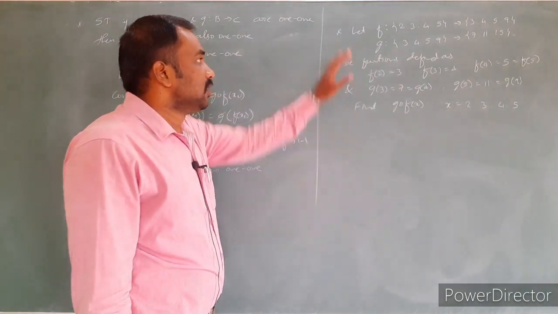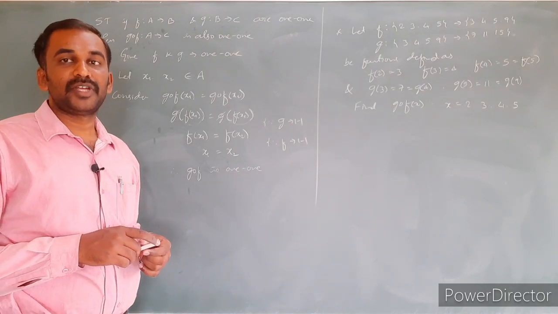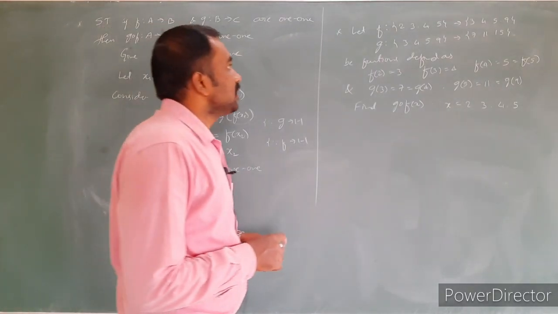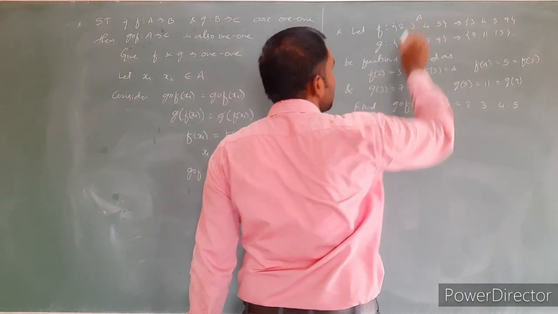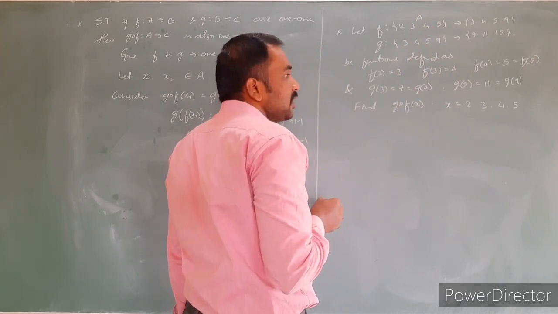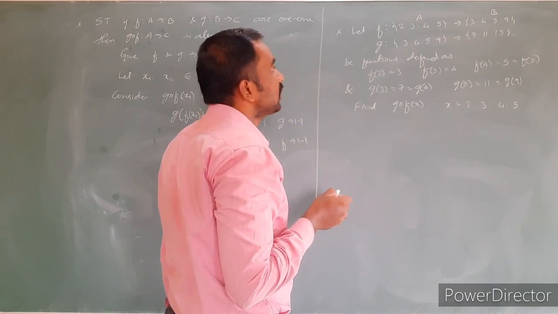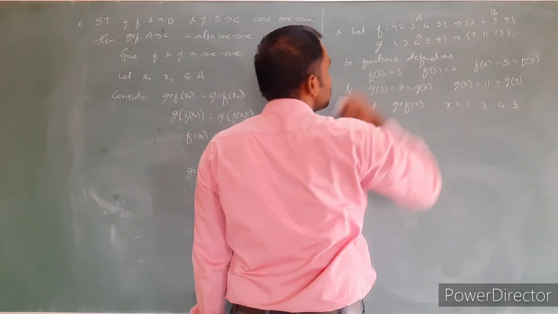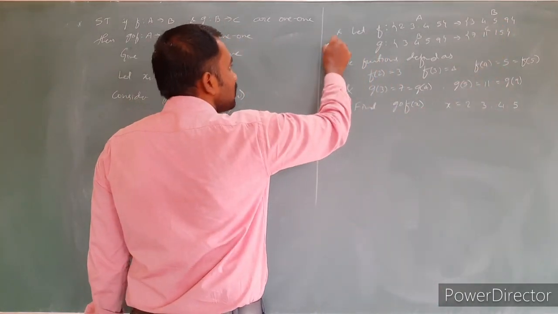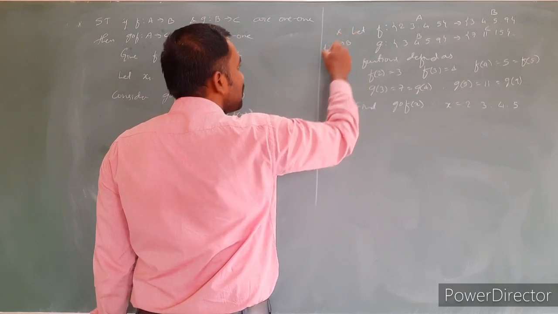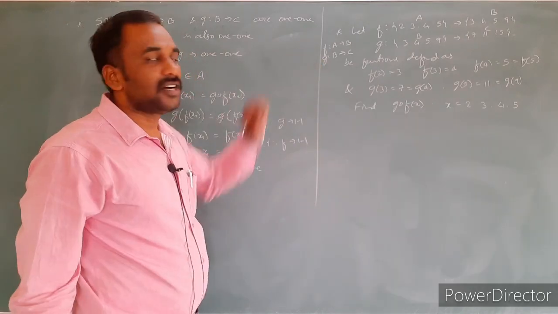First of all, let us understand the clear meaning of the given question. f is a function from the set {2, 3, 4, 5}. I just name this set as A. I call the set {3, 4, 5, 9} as B. g is a different function from B into C. So f is a function from A into B, and g is a function from B into C. Is g circle f possible?